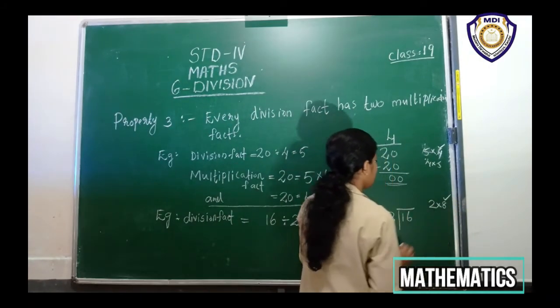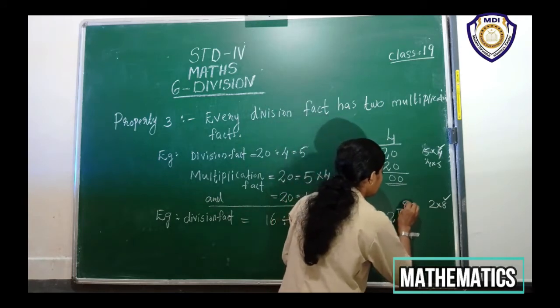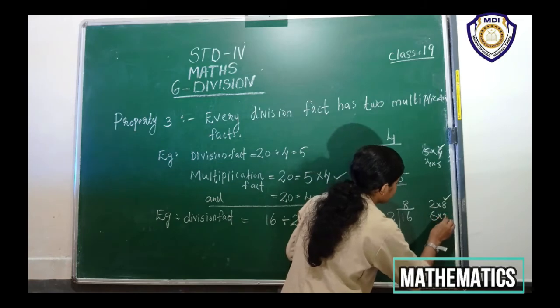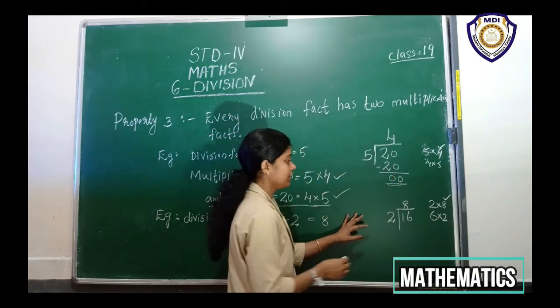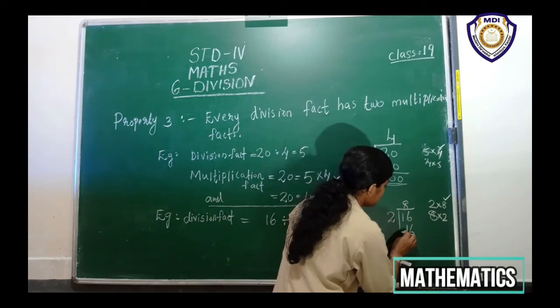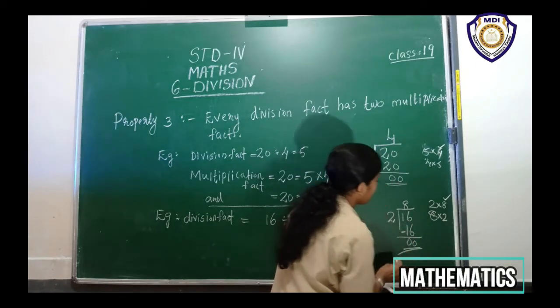We take 8 is here. Write 8 is here. Then 8 into 2, 8 2s are 16. Okay, then subtraction.